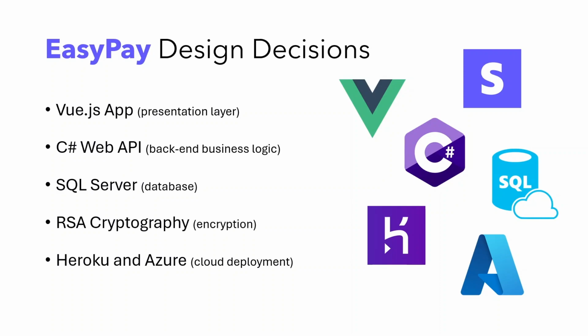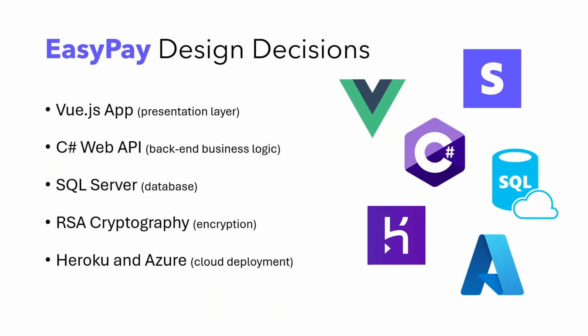And we have RSA cryptography because encryption was supposed to be a main focus in this project. We decided to go with RSA because I wanted a public/private key encryption standard so that, in essence, I could have the public key on the Vue app, because JS is viewable in the browser by all users in the developer tools.